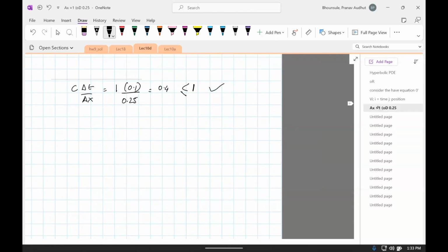Let me just actually write down the whole thing. u i plus 1 j equals minus u i minus 1 j plus c squared delta t squared over delta x squared times u i j plus 1 plus u i j minus 1 plus 2 times 1 minus c squared delta t squared over delta x squared u i j.